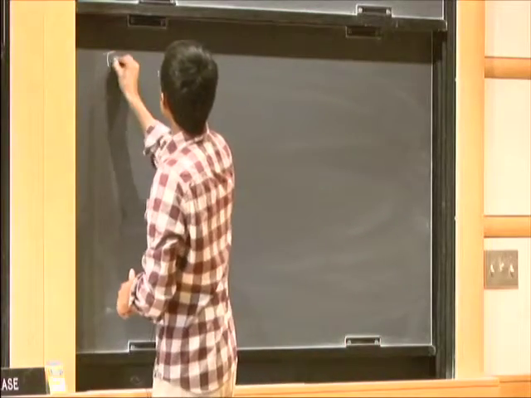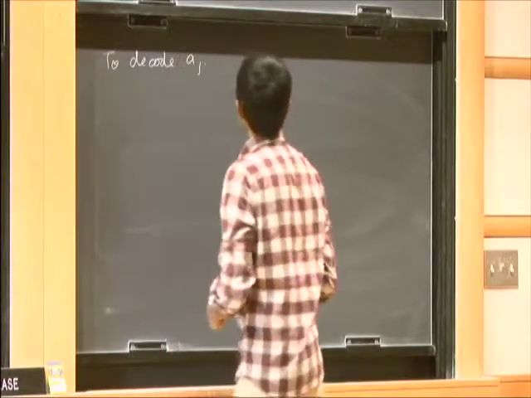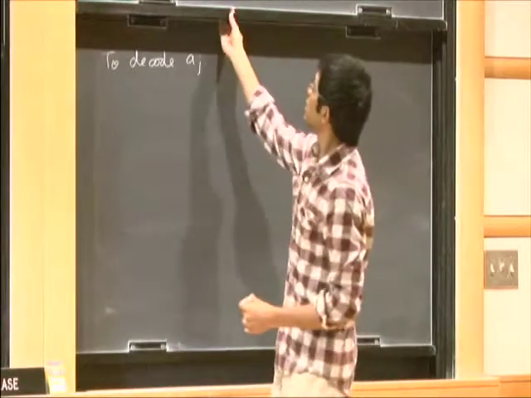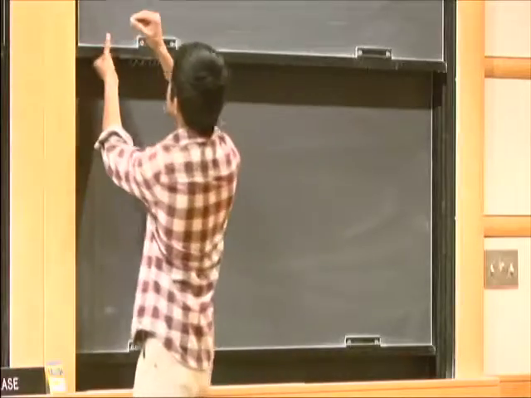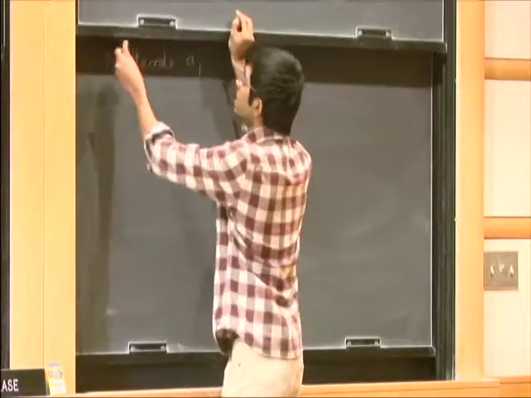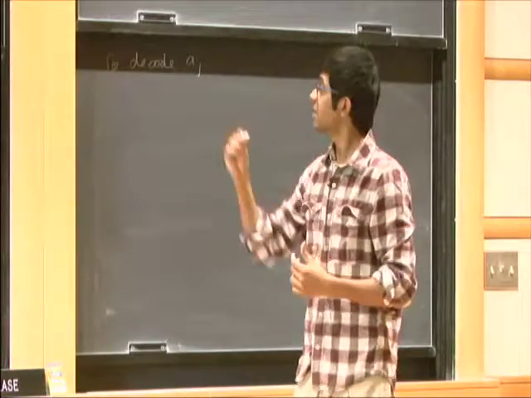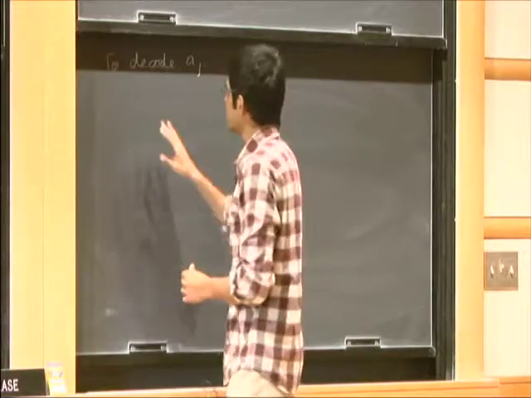To decode a_j, let's say this is the received word y. We'll assume it's error free, because by union bound, since we'll make a very small number of queries, you can ensure that all the locations are error free.